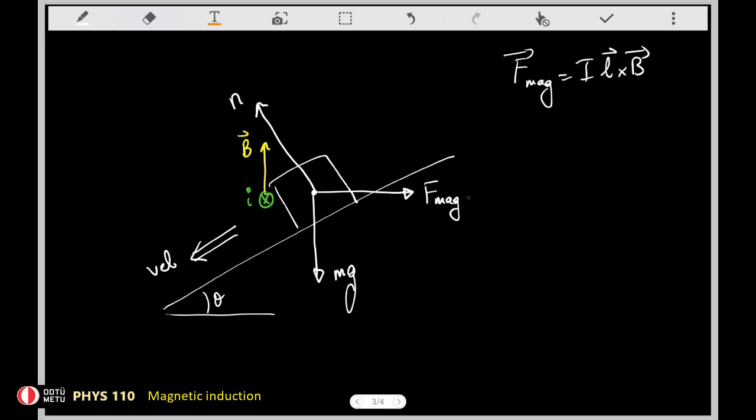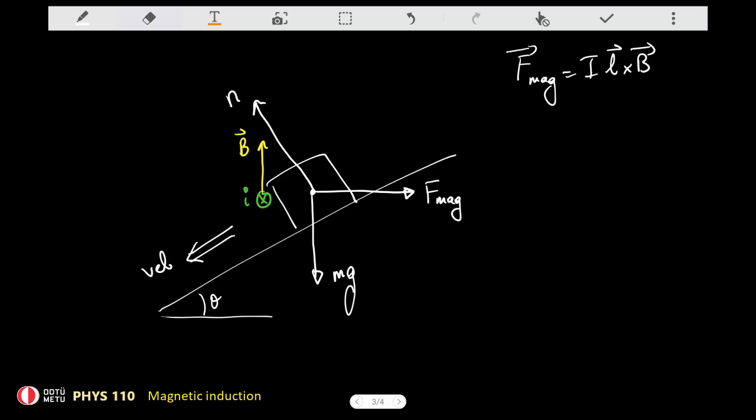In any case, the magnitude is current times the length of the bar, which is A, times the magnetic field B. I need to place a sine of the angle in here, and in that case it's 90 degrees. So this is iAB. I was using little i for the current, so let me correct this.